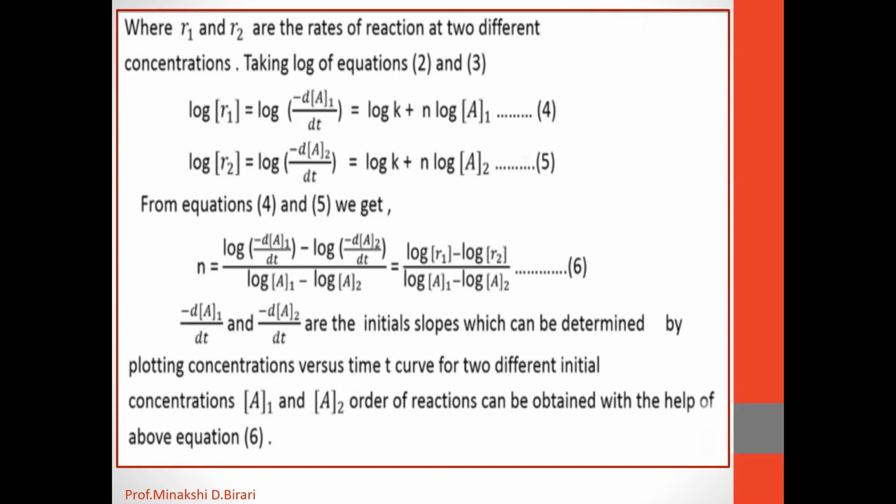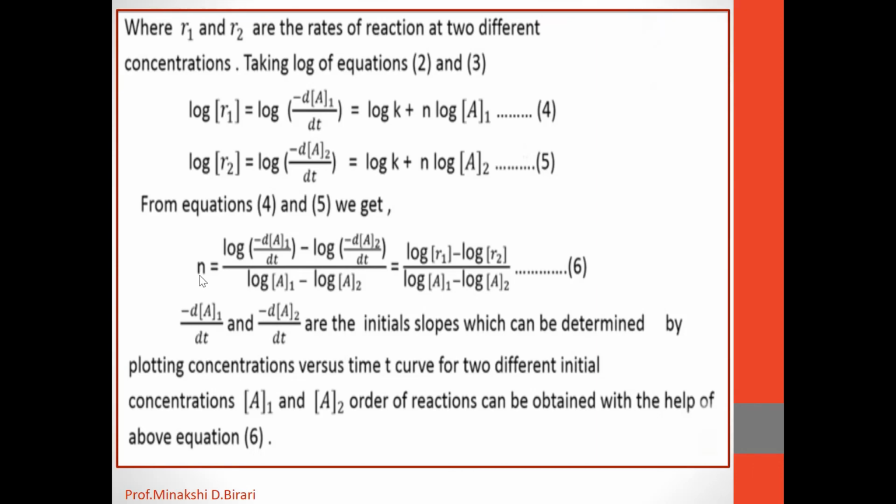Secondly, log of R2 is equal to log of minus dA2 divided by dt is equal to log of K plus n log of A2. So these are equation 4 and 5. So from equation 4 and 5 we get n, which is the order of reaction.